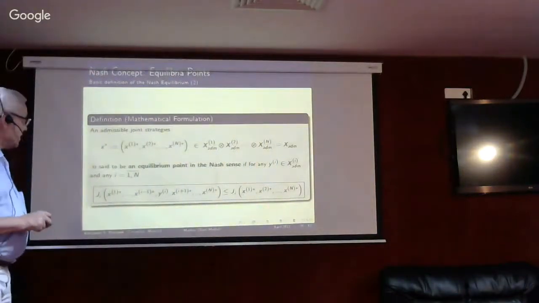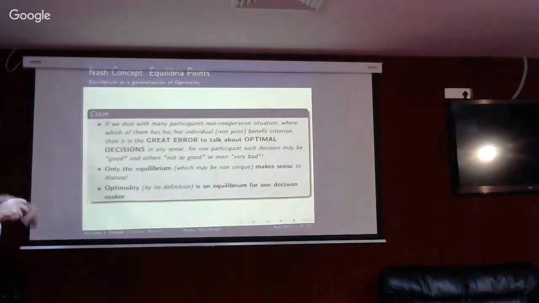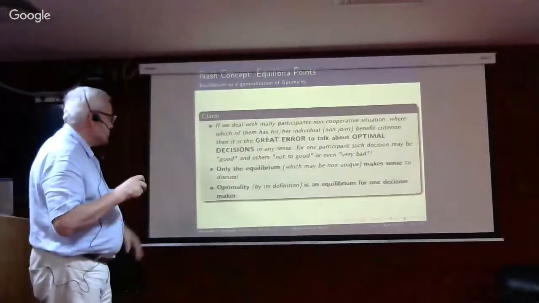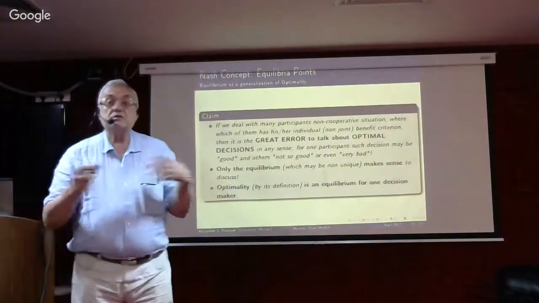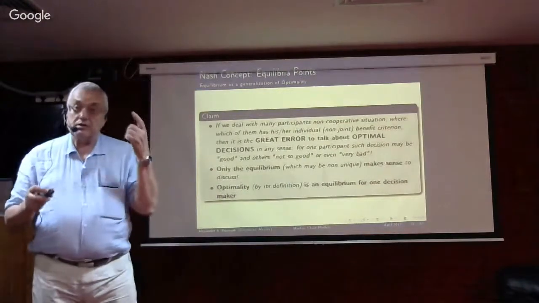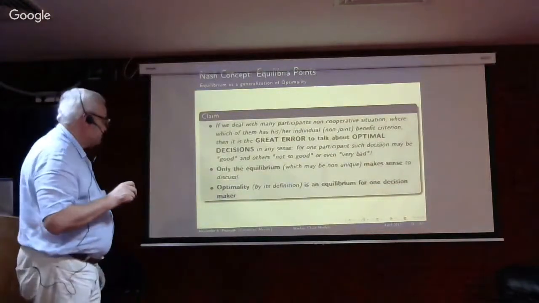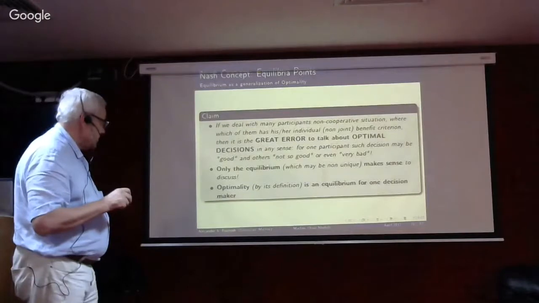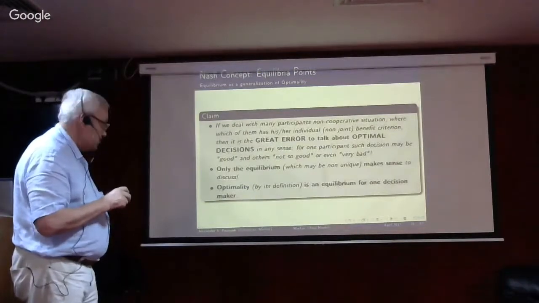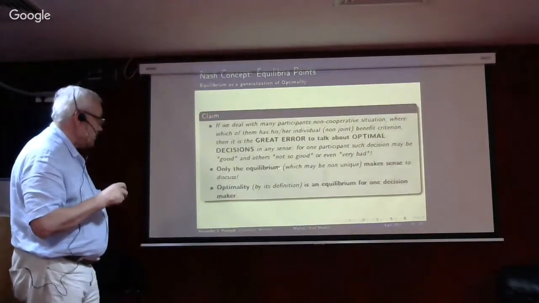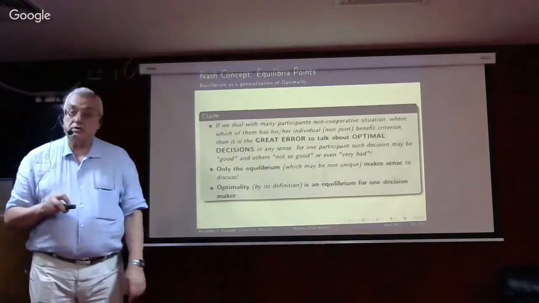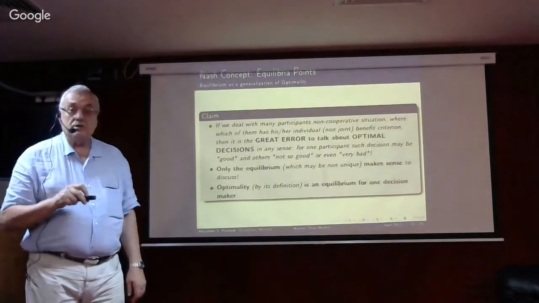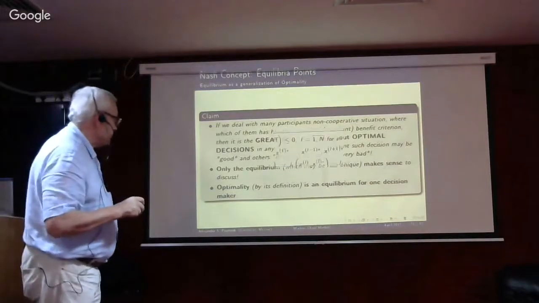So this is mathematical. Here I say that talking about an optimal decision when you have many participants is impossible. Optimal does not exist. Stability, stable equilibrium, only equilibrium makes sense to discuss. Optimality is only for one participant or one decision maker.